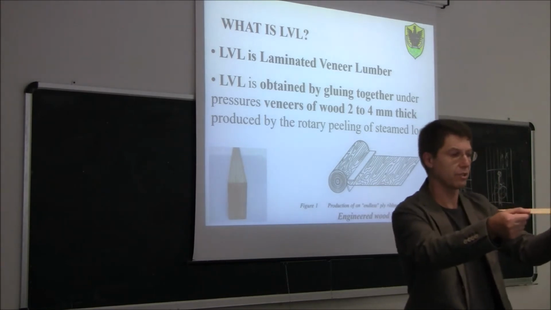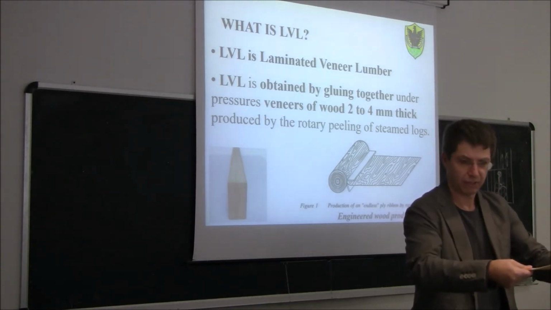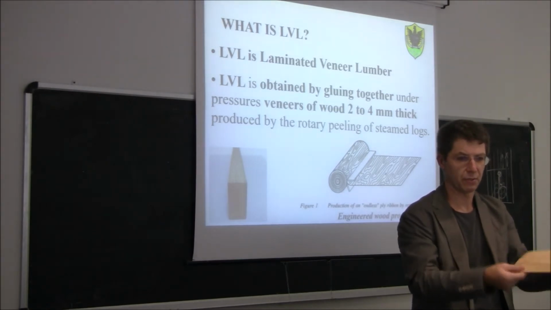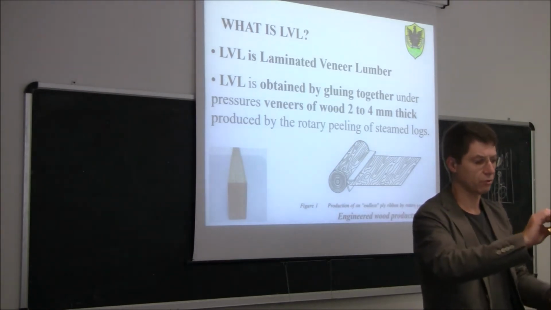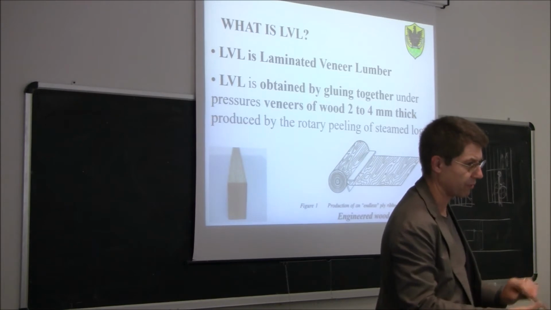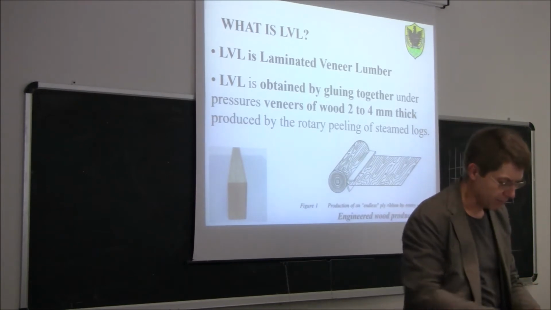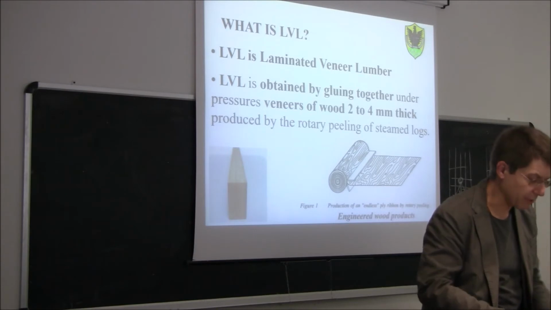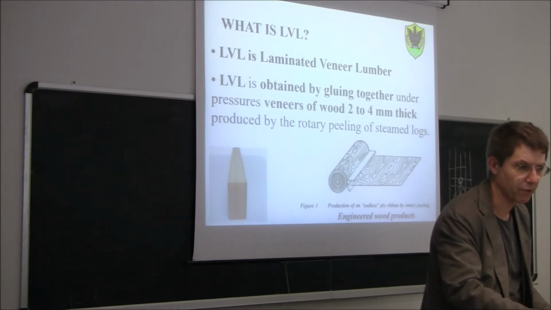In this direction, it is stiff. In the other direction, it's not stiff. And of course, the direction perpendicular to the grain is not stiff. Why? Because this is the direction of the grain. The direction of the grain has very good properties. The direction perpendicular to the grain is very poor. Okay?